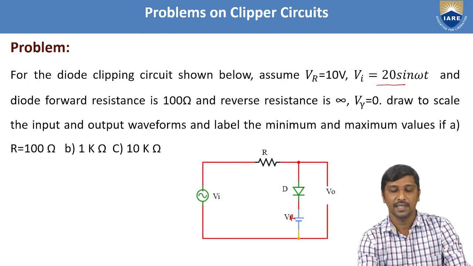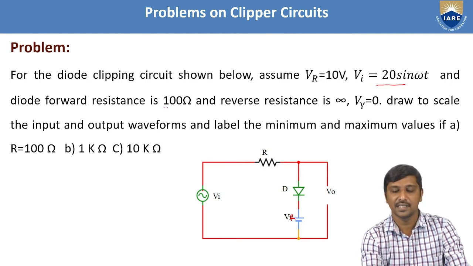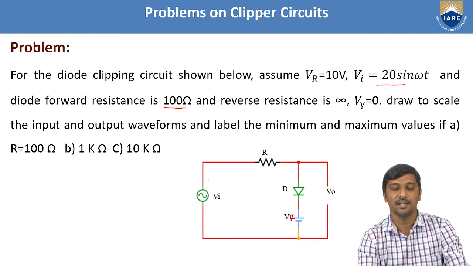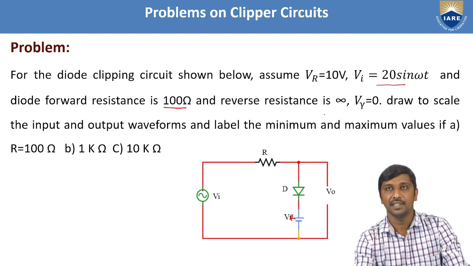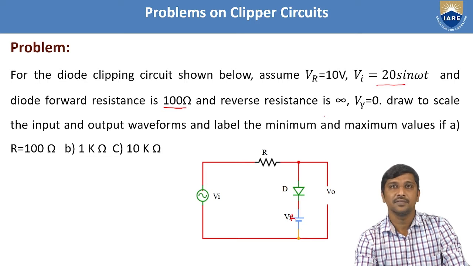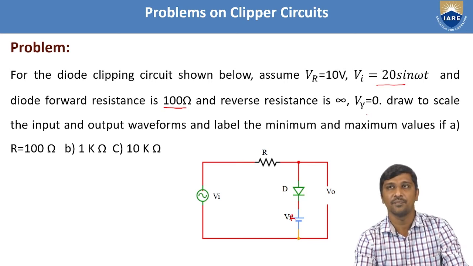In this problem, again, we need to consider a diode. When the diode is conducting, it offers a forward resistance, and that forward resistance is 100 ohms. The reverse resistance of this diode is infinite and the cut-in voltage of this diode is 0.